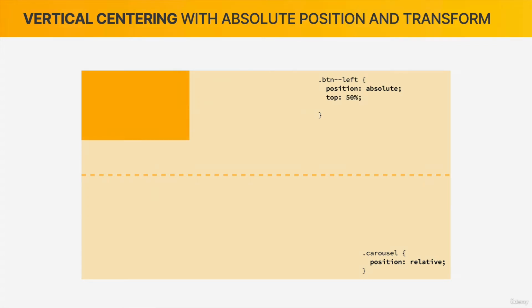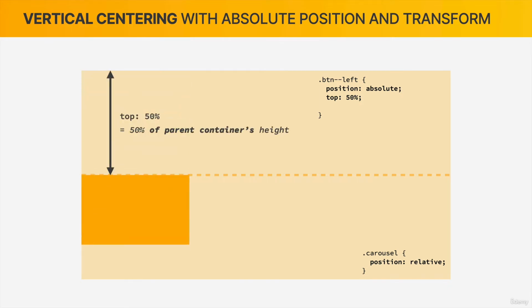What that does is move this element by exactly 50% of the parent container's height. So for example, if the carousel had a height of 600 pixels, then this button would have moved down 300 pixels. So exactly 50% of the parent container. And this is really important.